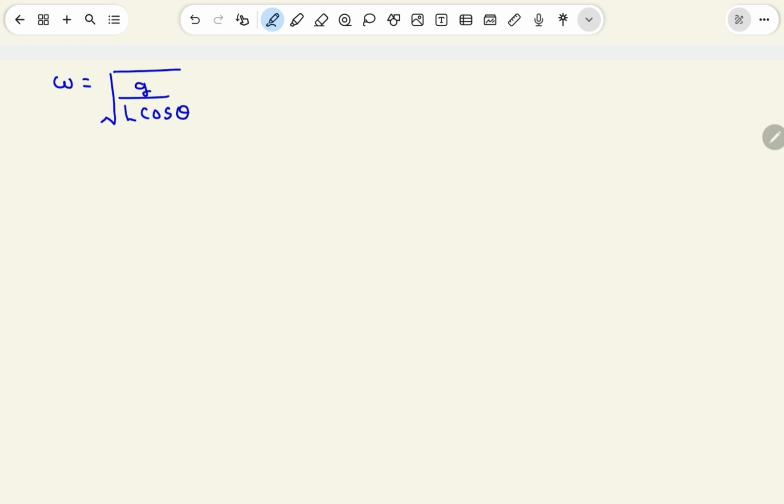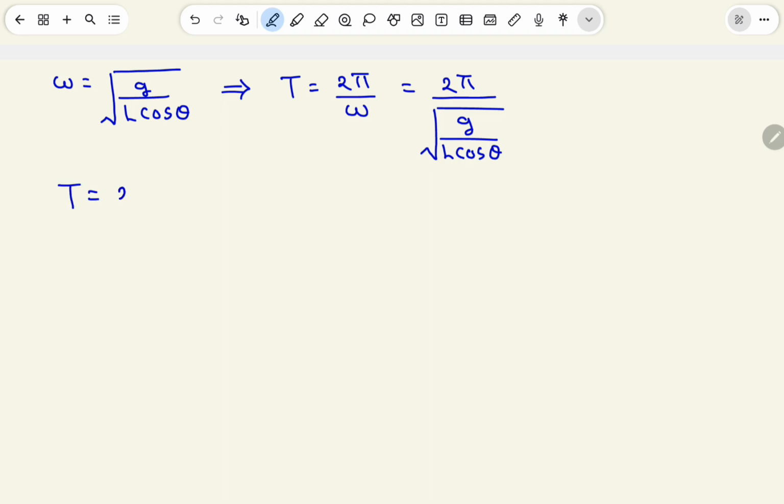We have seen in the earlier lectures that there is a relation between time period and angular velocity, and that is time period T is equal to 2 pi by omega. So if we plug the value of omega in this equation, we get 2 pi upon under root g upon L cos theta as the formula for T. Now if we rearrange the terms, we get the time period as 2 pi into under root L cos theta by g.